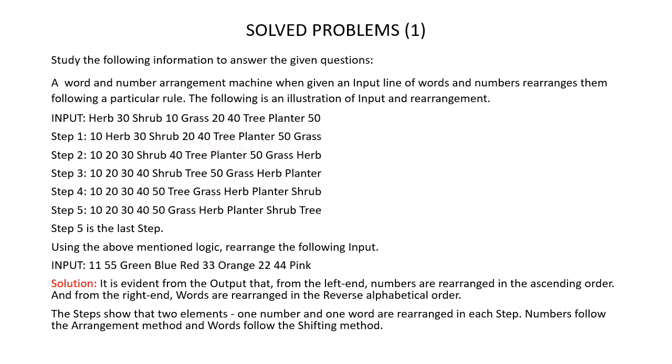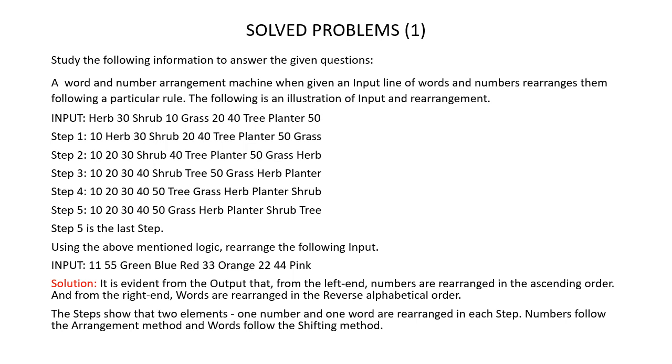Now when you move to step 2, you will see that 10 has retained its position at the left end, and 20 has been rearranged and is placed now at the second position from the left end.